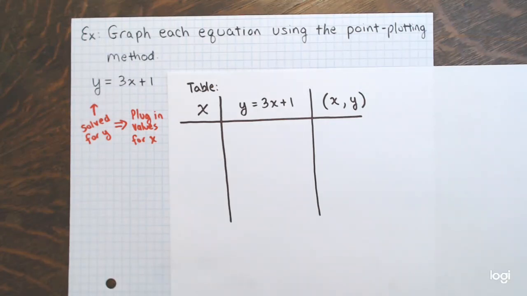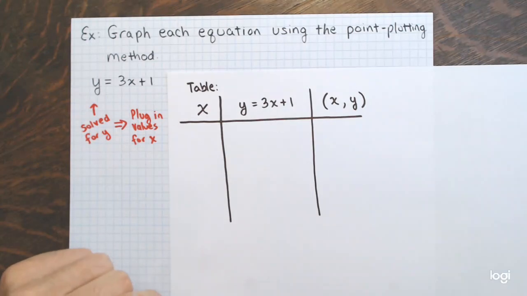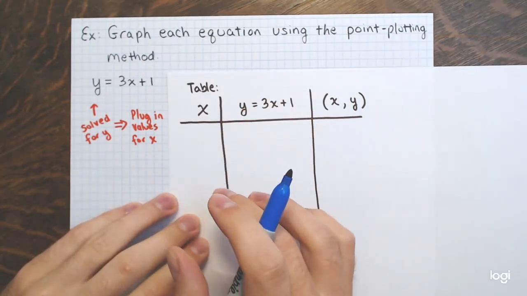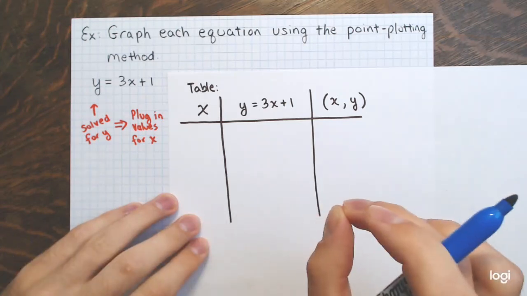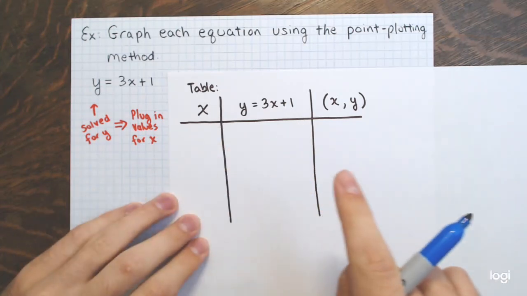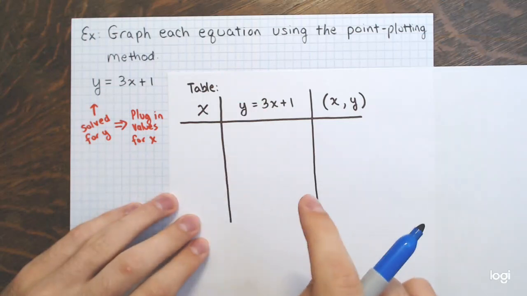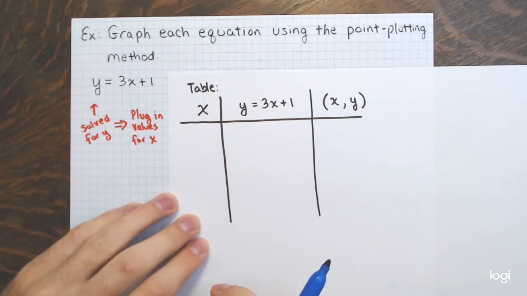If there's a graph I'm unfamiliar with, or at least when you start off, the more you practice this stuff, the more familiar with the equation types you'll get, and you'll probably have to plot less and less to know where the graph is going. But right now I'm going to plot 5, and I like to have it centered around the middle of the real number line. There's going to be an x-axis that's horizontal and a y-axis that's vertical, 2 number lines, one representing each variable.